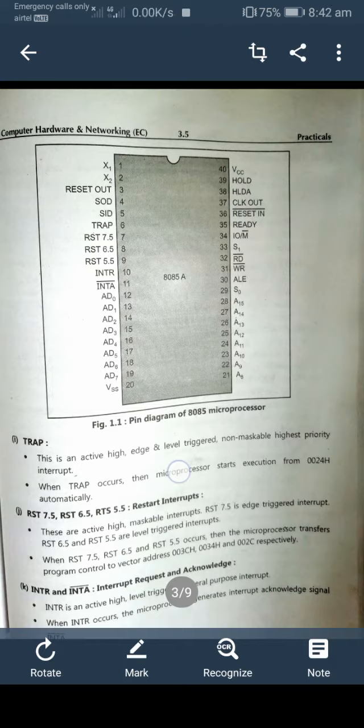RESET IN, reset input. This is an active low input reset signal used to reset the microprocessor. When this signal is received, the microprocessor clears the program counter, that is 0000, makes the address, data and control lines tri-stated, and starts execution from memory location 0000H onwards.